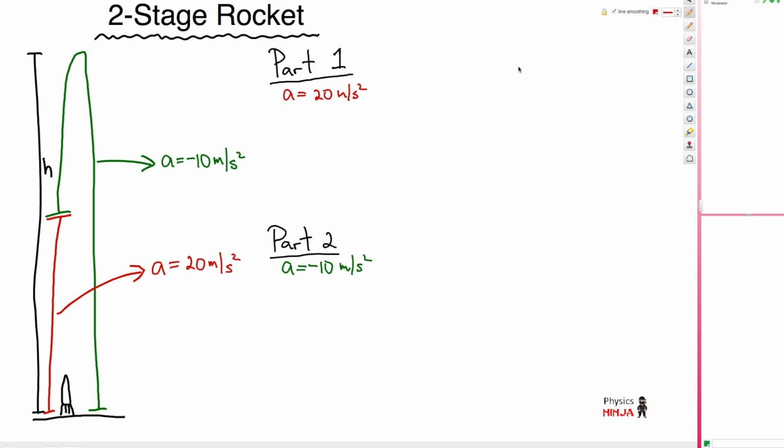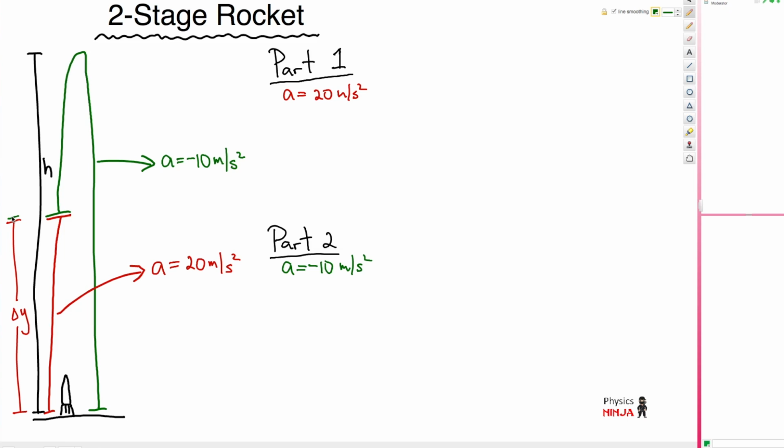Now, again, since the acceleration is changing, I can only use my kinematic equations in each of these sections. So for the first part, I can find the height, or the displacement. Let's just call that delta y. For the second part, I could find a different delta y.